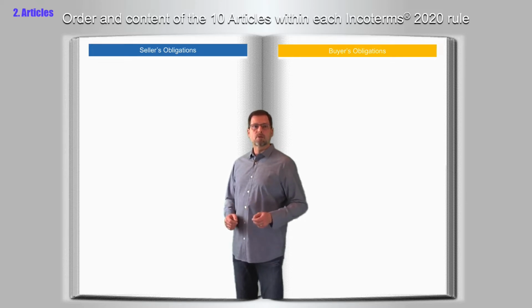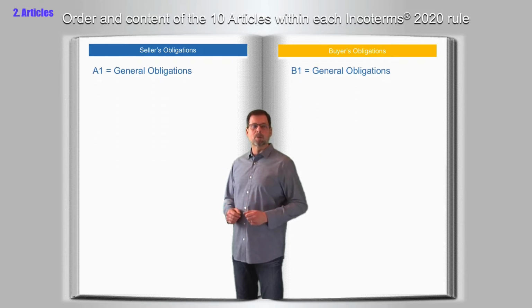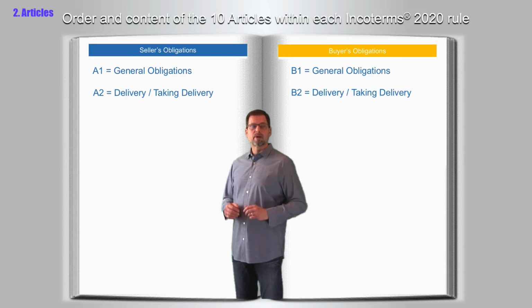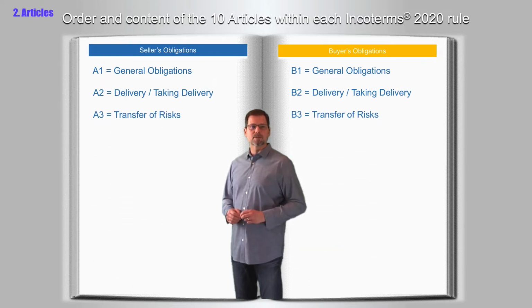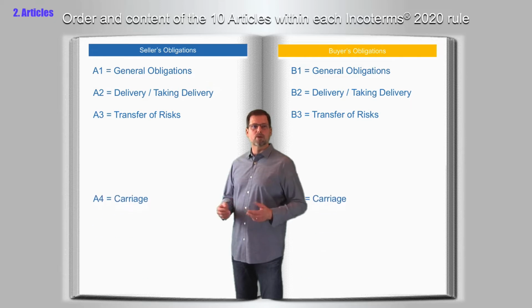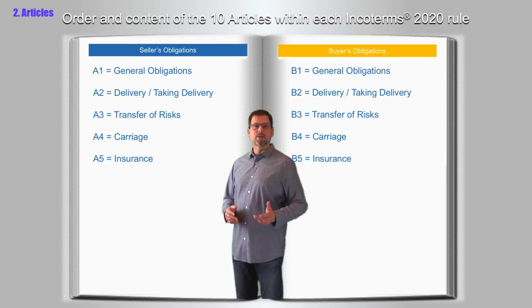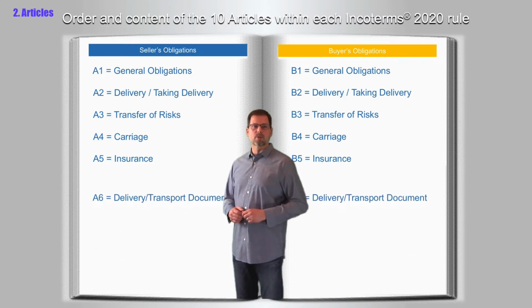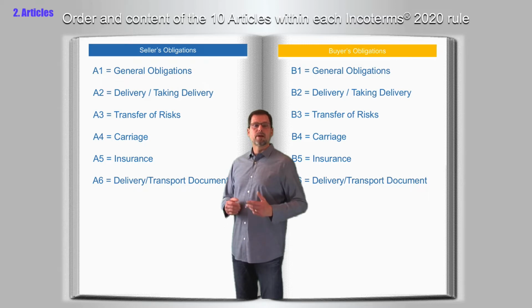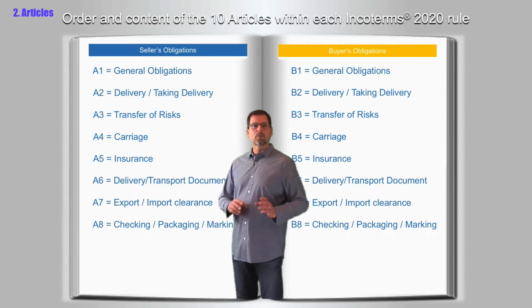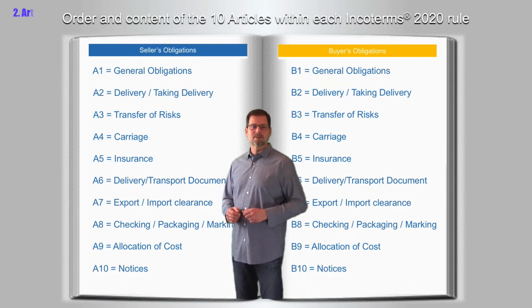The new articles are A1 and B1, General Obligations; A2 and B2, Delivery and Taking Delivery; A3 and B3, Transfer of Risks; A4 and B4, Carriage; A5 and B5, Insurance; A6 and B6, Delivery and Transport Document; A7 and B7, Export and Import Clearance; A8 and B8, Checking, Packaging, Marking; A9 and B9, Allocation of Cost; and A10 and B10, Notices.